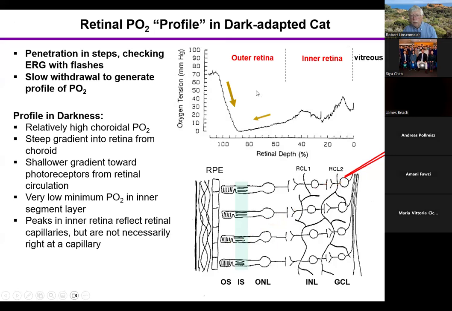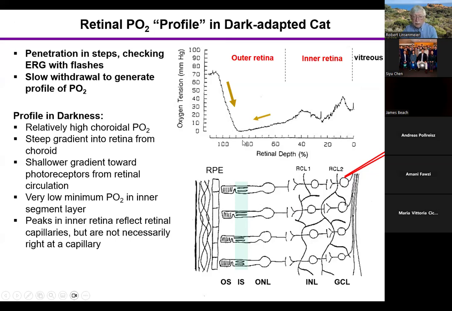And so the profile in the dark adapted retina has several characteristic features. It has a relatively high choroidal PO2, a steep gradient into the retina from the choroid, a shallower gradient from the inner retina to the photoreceptor inner segments, where all the mitochondria are, as shown here in green. And because the metabolism there is very high, the PO2s at that region are quite low.